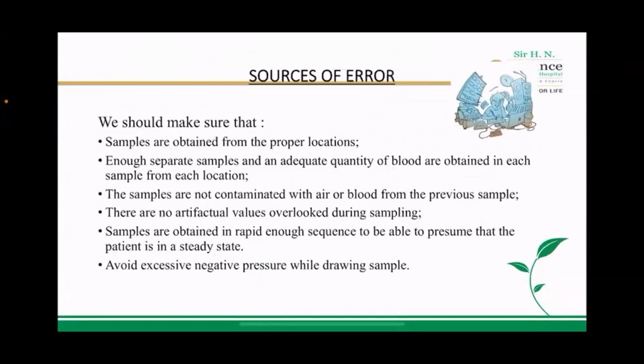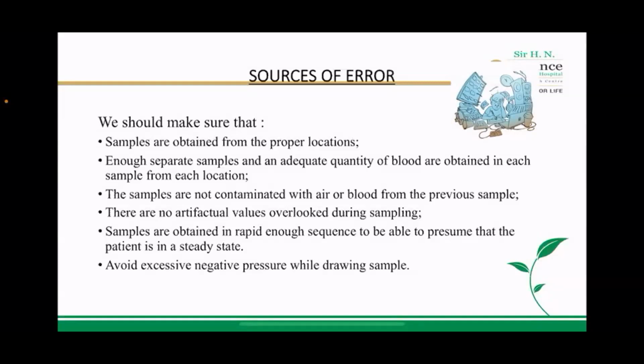Now, in this process, what could be the sources of error? We should be sure that the samples are obtained from proper locations. Enough separate samples should be taken and an average obtained. Adequate quantity of blood, ideally 2 ml from each site, should be obtained. It should not be contaminated with air or blood. With the air getting dissolved, it can again change the O2 levels.